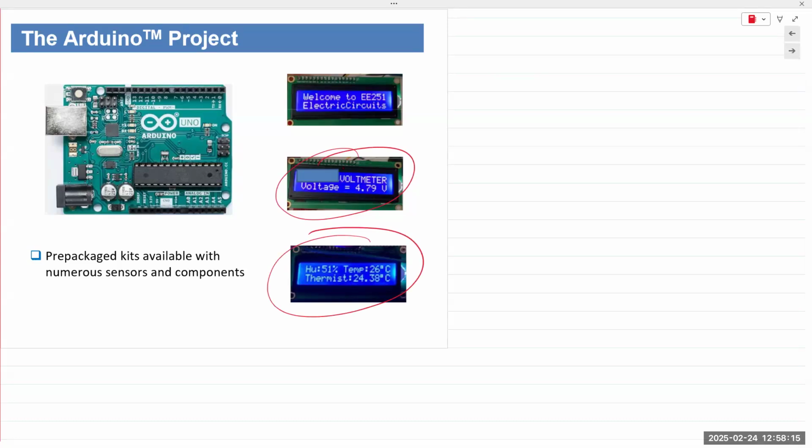There is a humidity and temperature sensor that comes packaged in that kit. And all you got to do is interface it with the right pins, take the program, and modify the program to interface with the pins that you have set, and it can measure humidity and temperature.